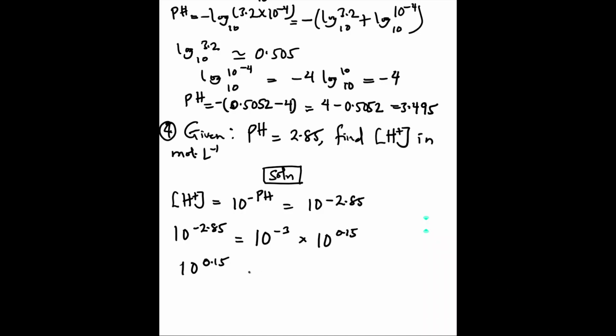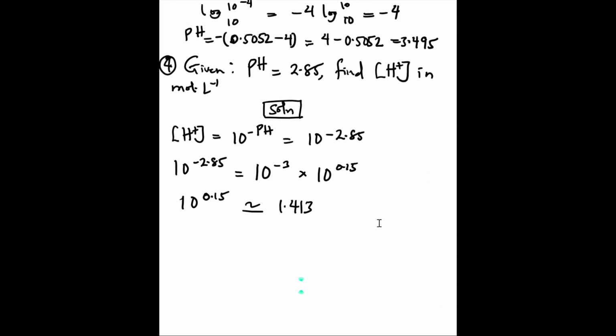Now let's find 10 raised to power 0.15. When we punch it in the calculator, we should get approximately 1.413. And this one is going to be minus 3, right? So thus our concentration for H plus will be 1.0 times 10 raised to power minus 3 times 1.413.